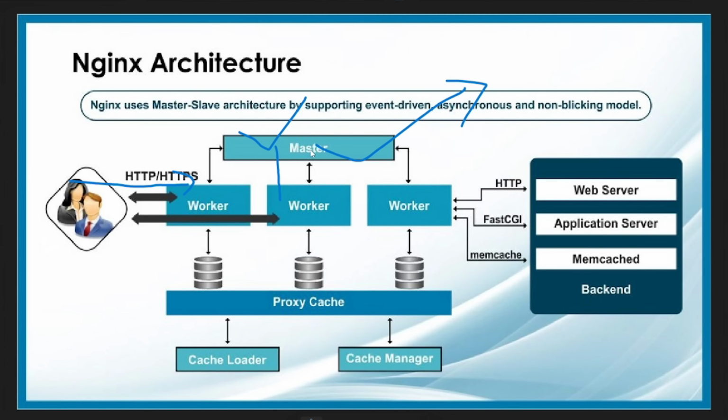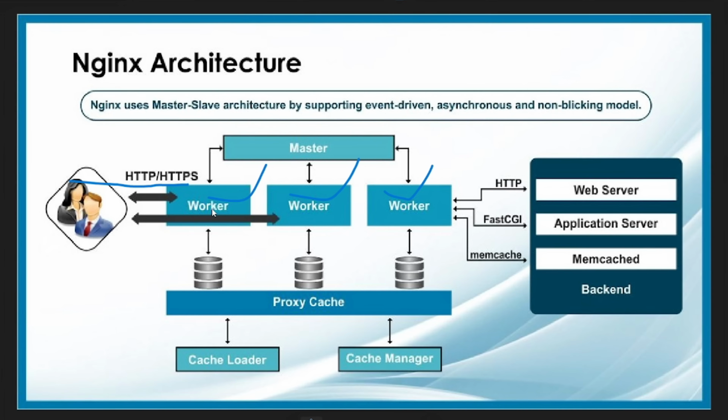So the purpose of the master process is to listen and open connections with the available ports. It also reloads the configuration: let's suppose you have changed the configuration, then the responsibility of the master process is to reload it. What do worker processes do? They receive the request, and their responsibility is to process the request.